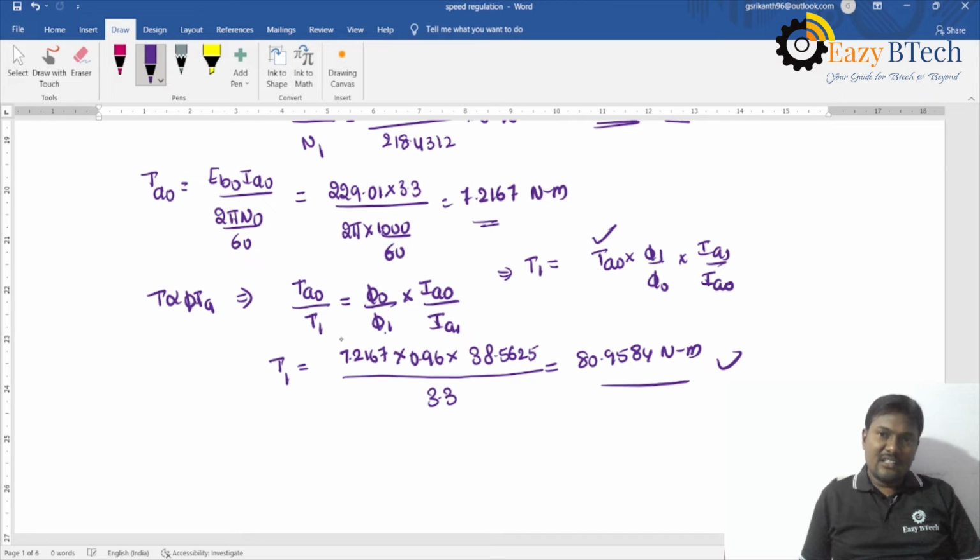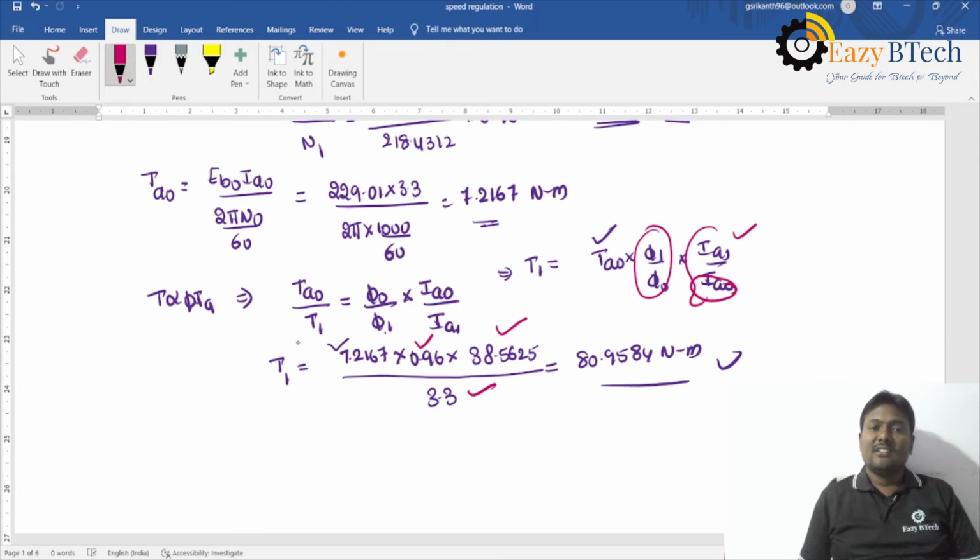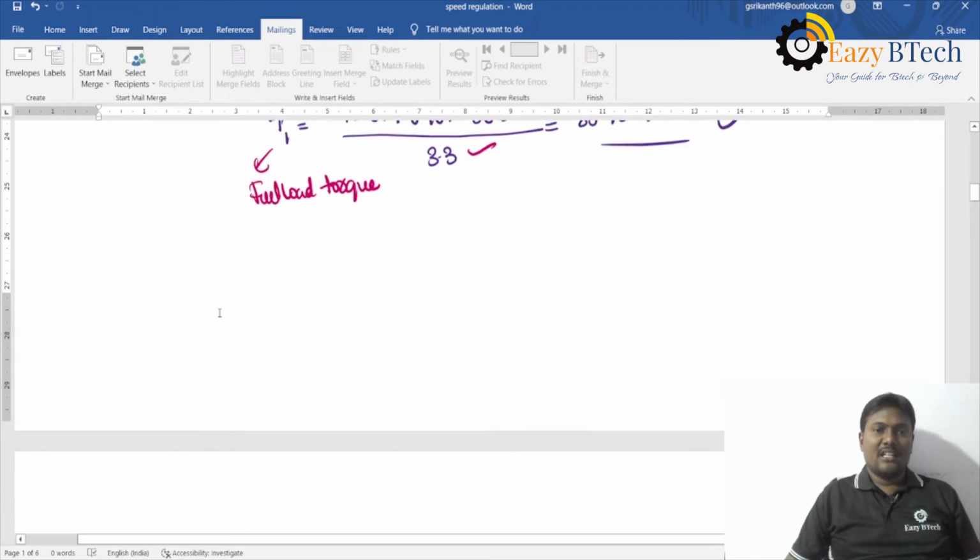TA0 is 7.2167, phi1 by phi0 is 0.96, IA1 is 38.5625, and IA0 I am getting is 3.3. Finally, this torque is called the full load torque.